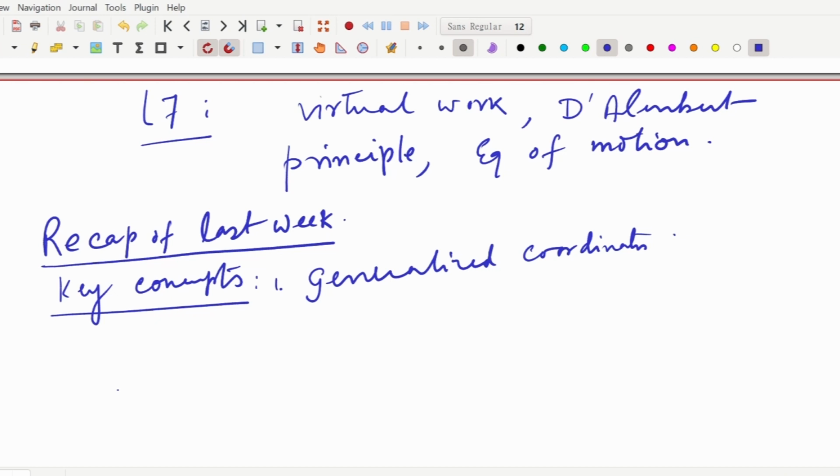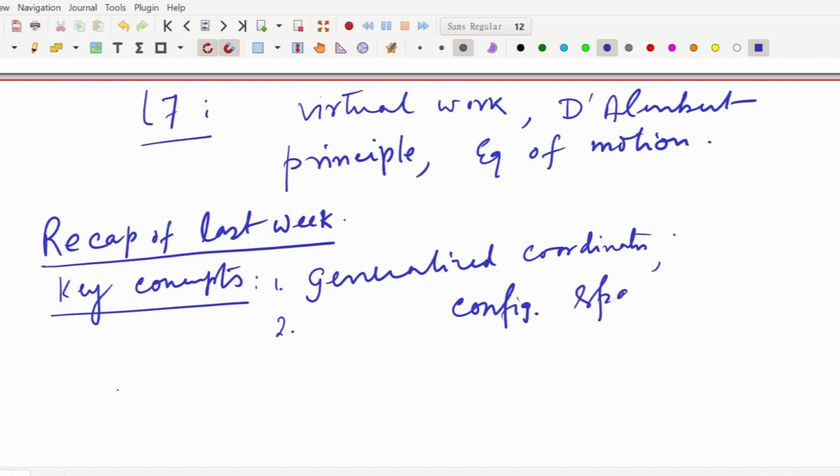So we need to find the independent variables, and independent variables or coordinates are the generalized coordinates. We discussed generalized coordinates and analyzed with examples various systems, and how many generalized coordinates are required.